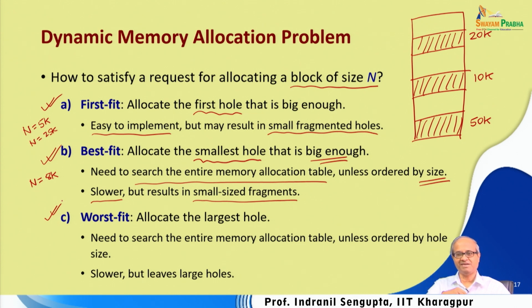They will remain like that, and the size of the maximum hole will become smaller and smaller. Eventually, a process may come where you will not get enough space in any one of the holes, although the total space is available. So, in worst fit you allocate the largest hole.